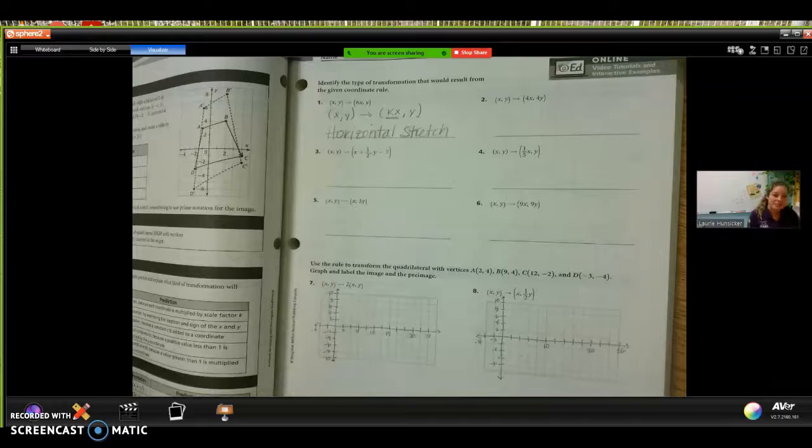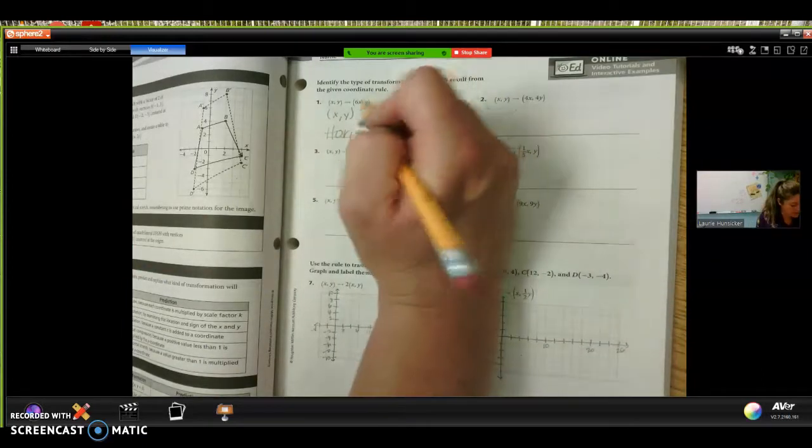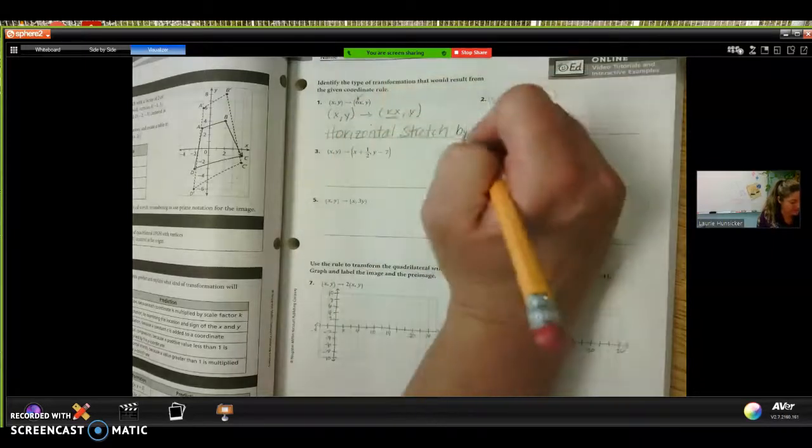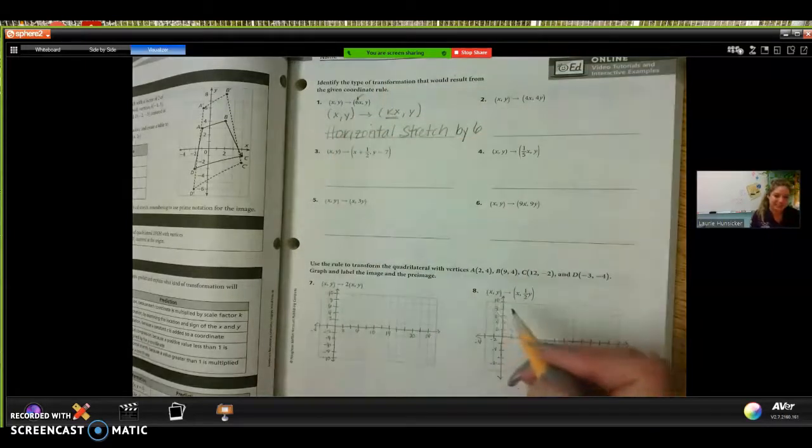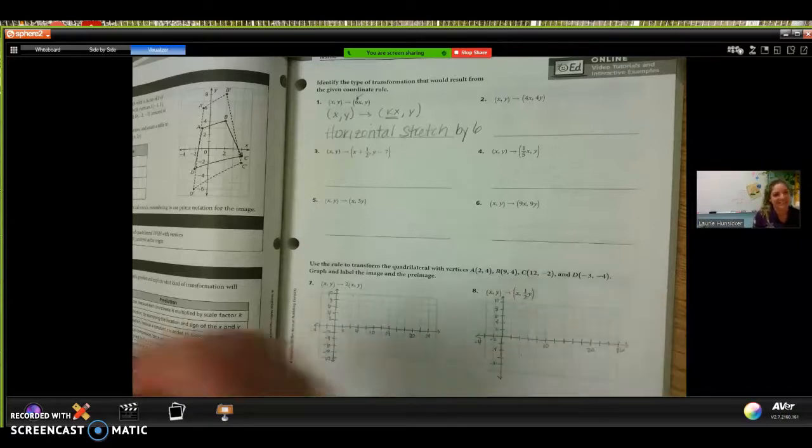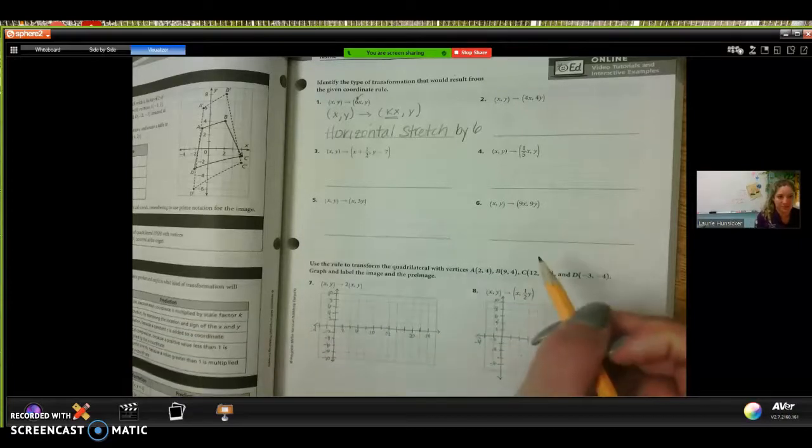But you need to tell me what k is. K is the number in front, so it's a horizontal stretch by 6. Since k is bigger than 1, it's a horizontal stretch by 6.